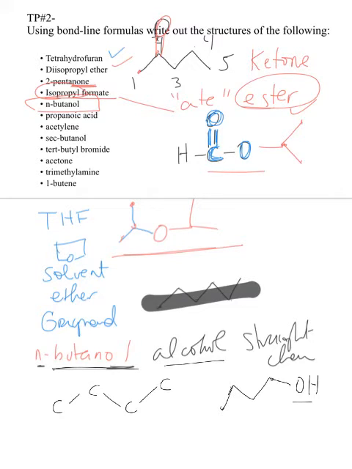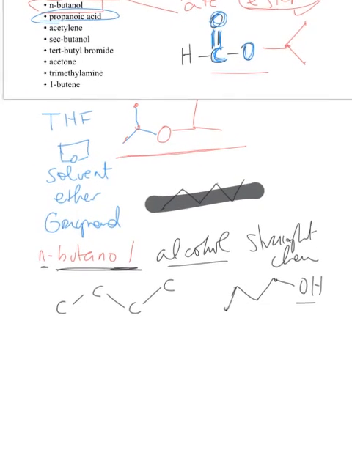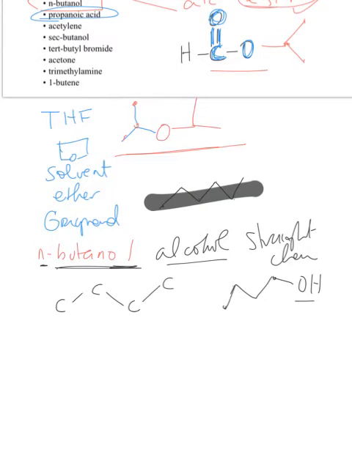Okay, the next one is propanoic acid. So we know we have a carboxylic acid. So propanoic acid. We have 5 carbons, 1, 2, 3, 4, 5. And propanoic acid, the acid can only be at the end. As you can see, there's the carboxyl group.